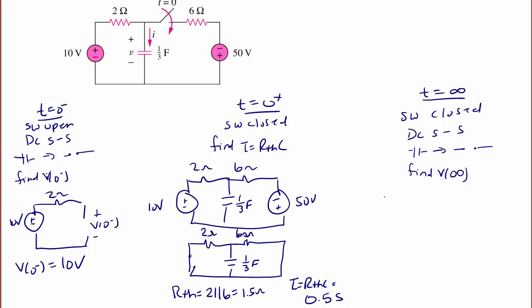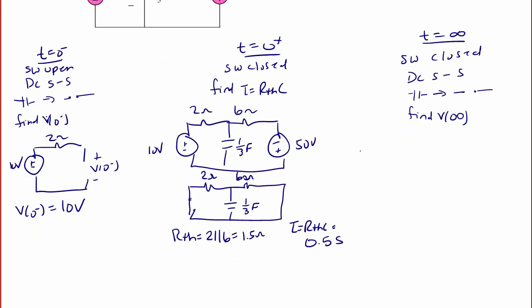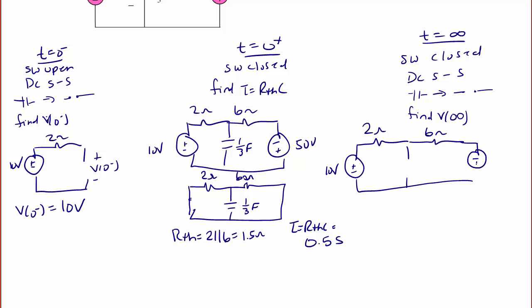Now I draw the circuit at t equal infinity, and I get a 10-volt source, a 2-ohm resistor, a 6-ohm resistor, open circuit where the capacitor was, and the 50-volt source. And I label this break V of infinity.